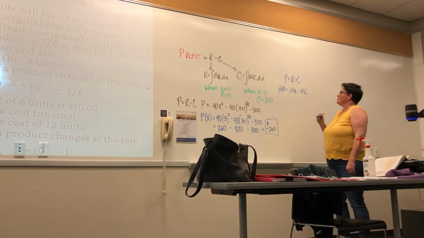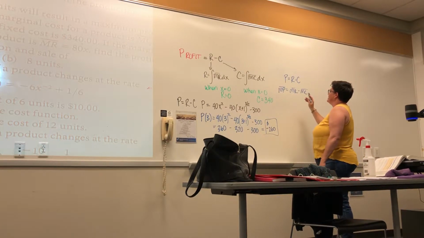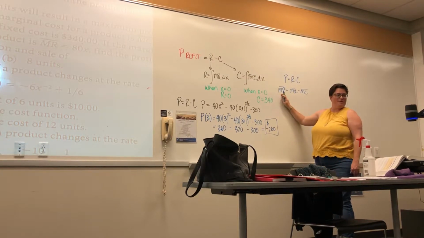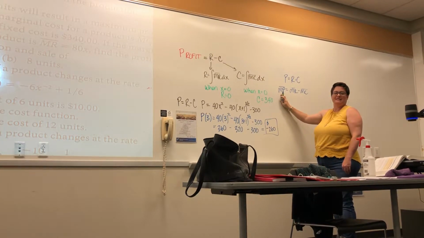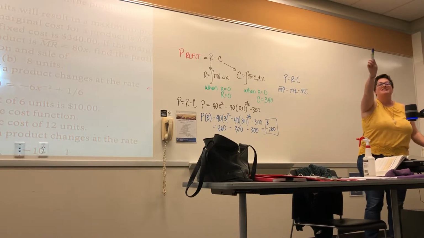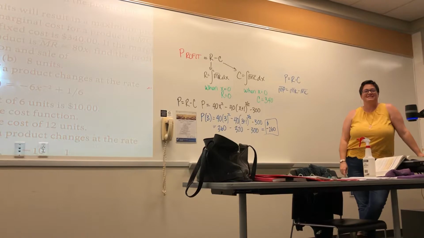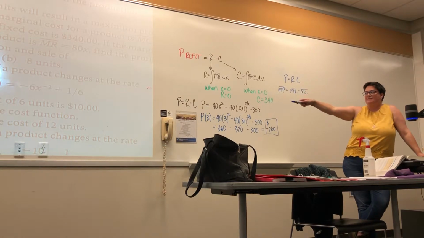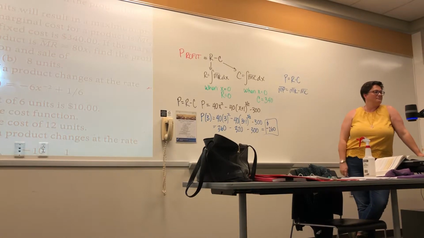So if I do marginal revenue minus marginal cost and create a marginal profit function and integrate that, why can't I do that? I don't have a nugget for profit. That's exactly right, Corwin. I don't have a nugget for profit. I only have a nugget for cost and the implicit revenue nugget. Had I given you a revenue nugget, you could have done it that way. But because I didn't, you can't.